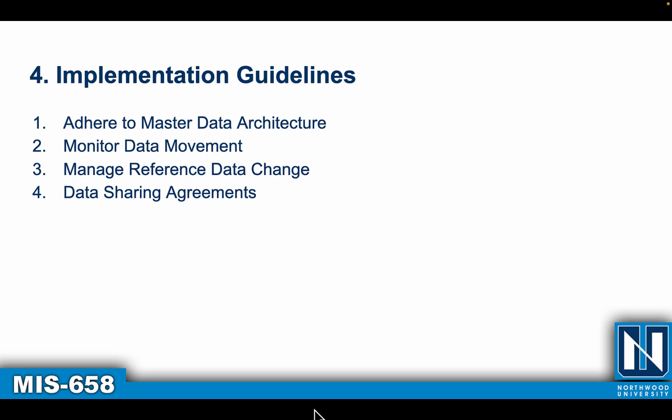Third, we want to make sure that we are managing our reference data changes through strong version and communication control practices. And lastly, we want to make sure that we develop data sharing agreements that are going to clarify any responsibilities across departments. And these practices will really help mitigate any risk as well as build trust.